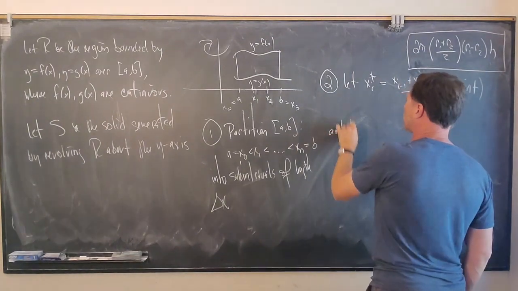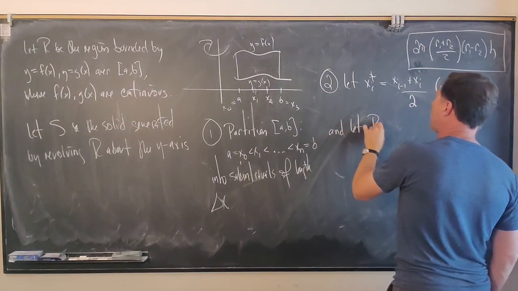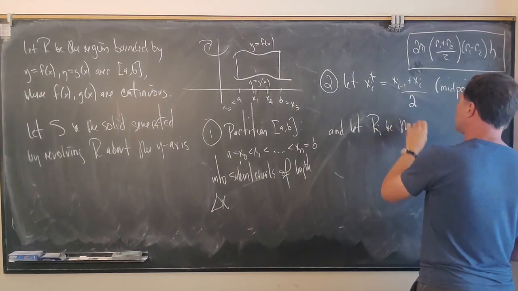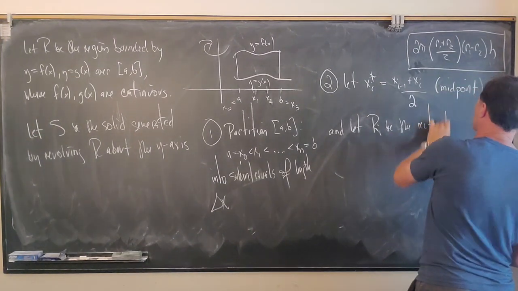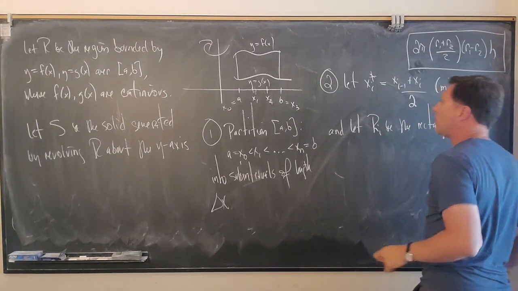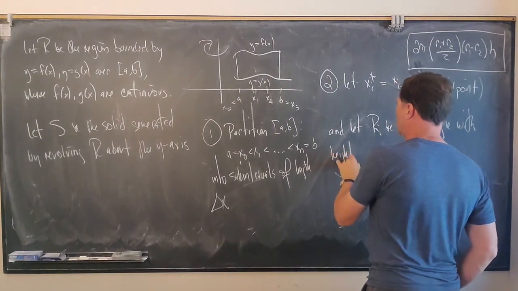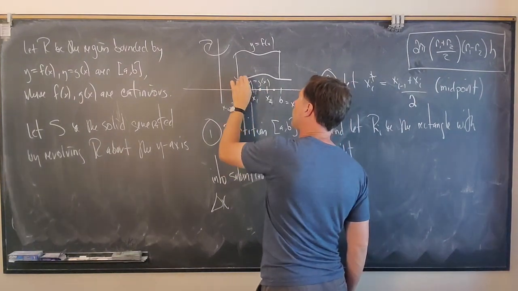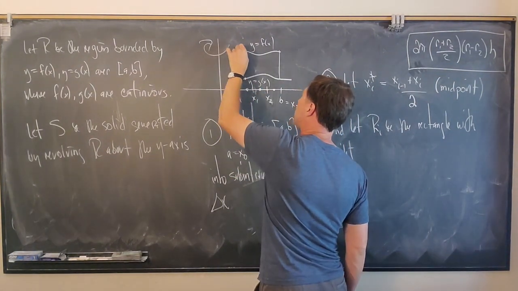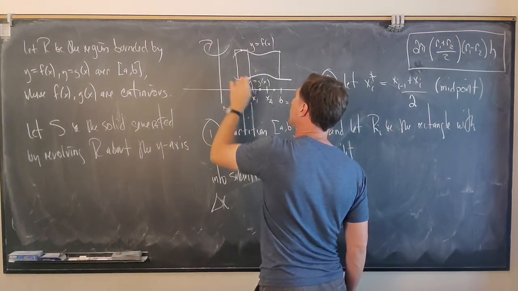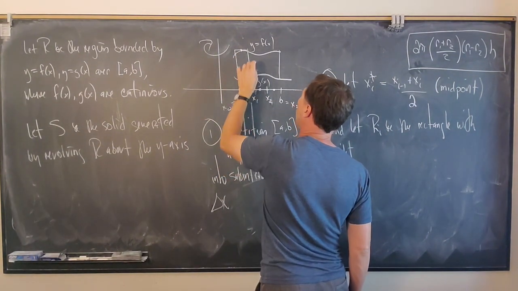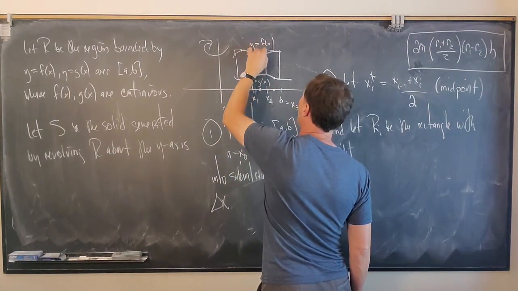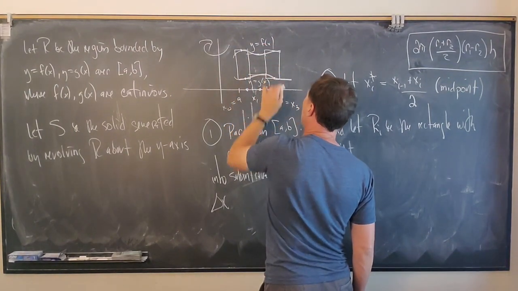And let r sub i, remember we're trying to create rectangles here, so let r sub i be the rectangle with height, so what I want to do at each midpoint, I want to go up, hit each of the graphs. That's going to determine the top and the bottom of my rectangle, like that, like that, and like that.